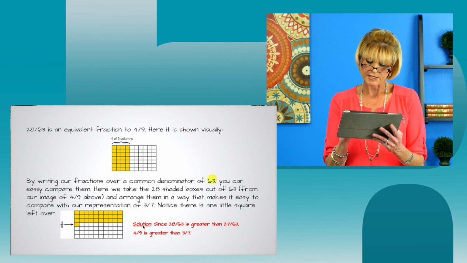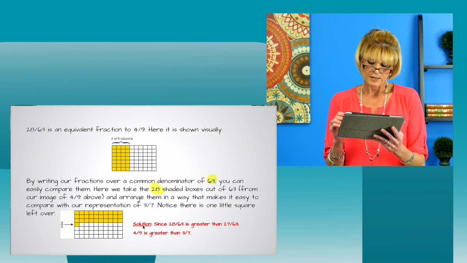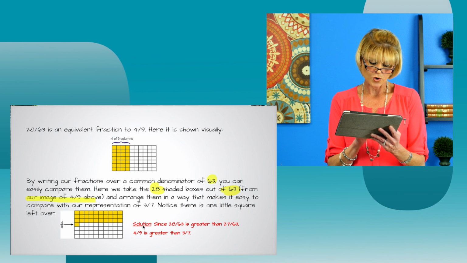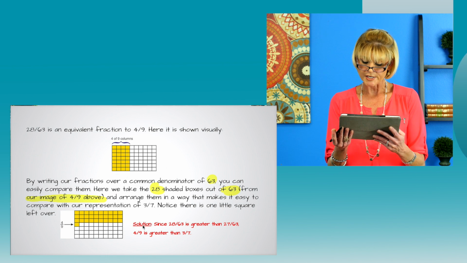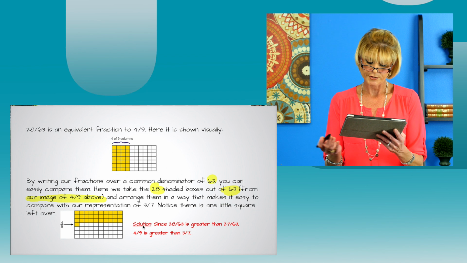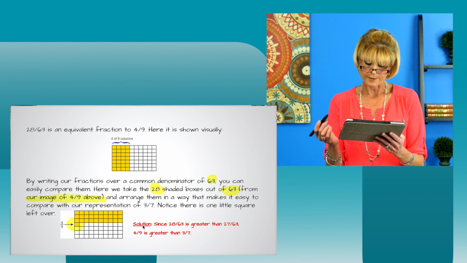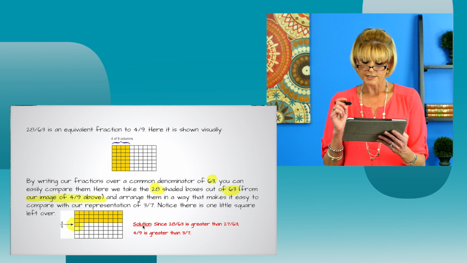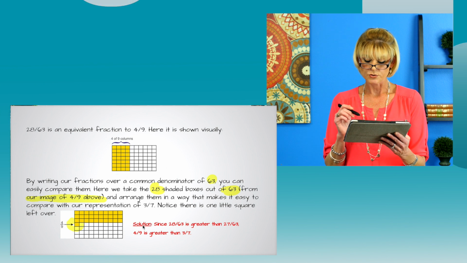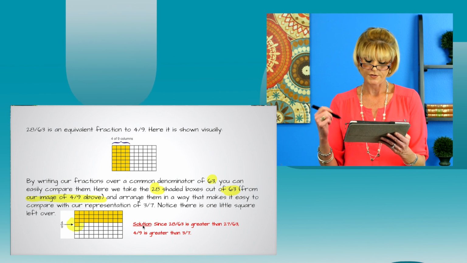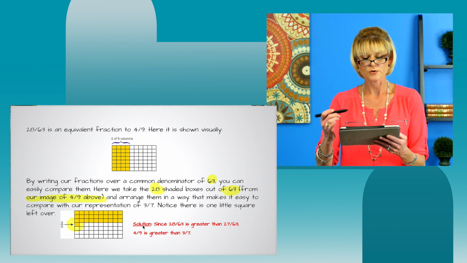Here we take 28 shaded boxes from the 63 in our image of 4/9 above, and arrange them in a way that makes it easy to compare with our representation of 3/7. Notice there's one little square left over right there. So the solution is, since 28 over 63 is greater than 27 over 63, 4/9 is greater than 3/7.